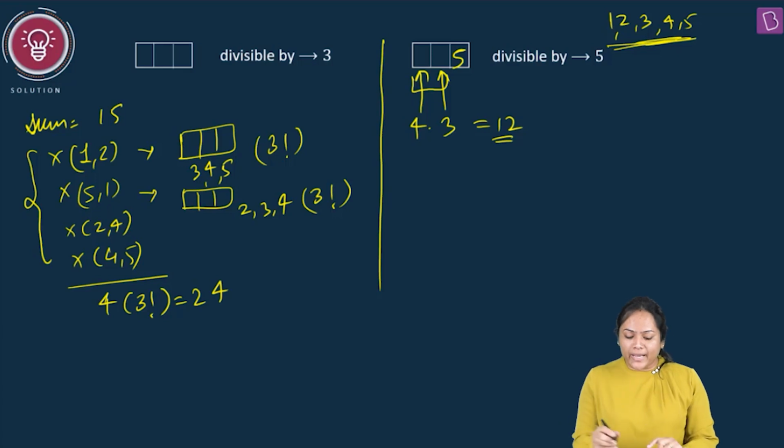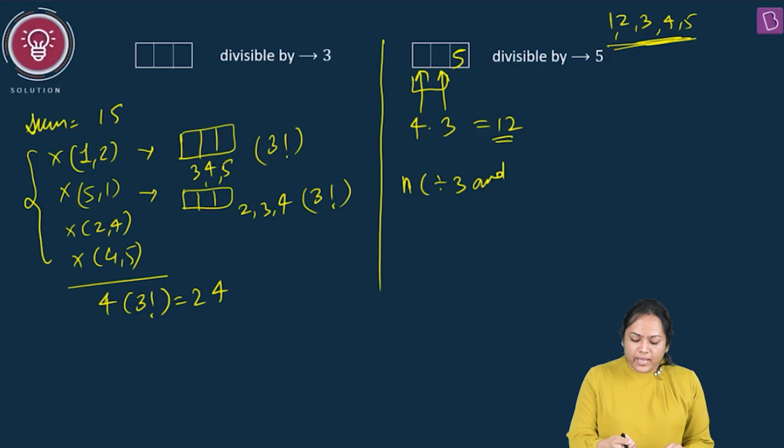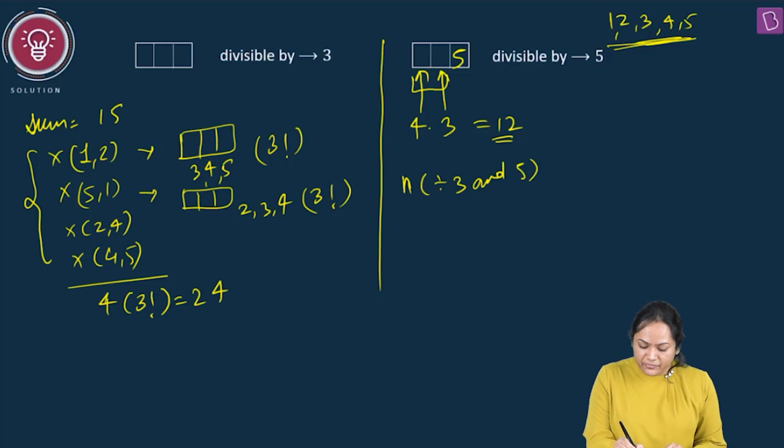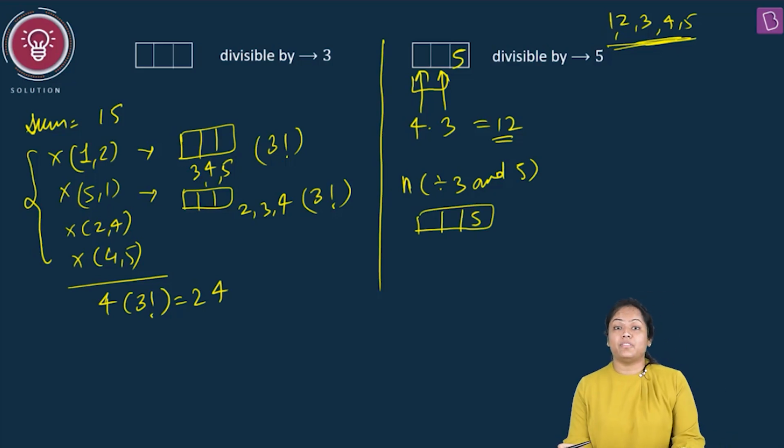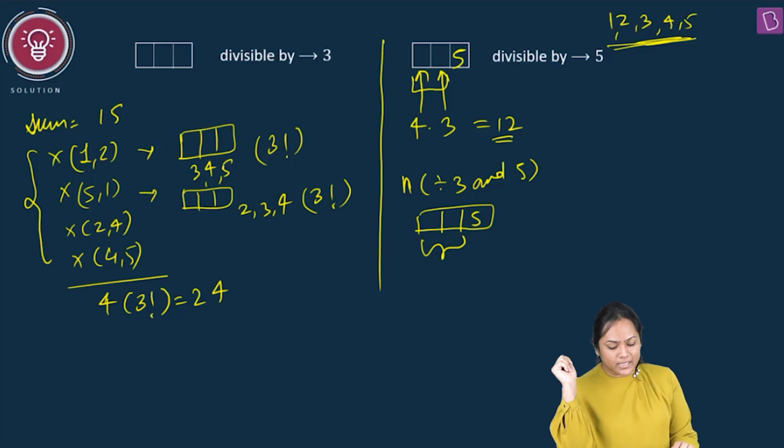Now I have to find the numbers which are divisible by both 3 and 5, or you can say divisible by 15. If I have divisibility for 5, I can write very clearly that my last digit should be 5. So these two places definitely should be filled such that the entire sum is divisible by 3. So how many cases are there?